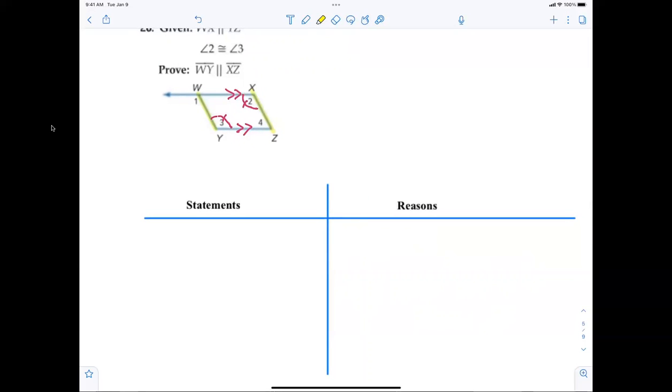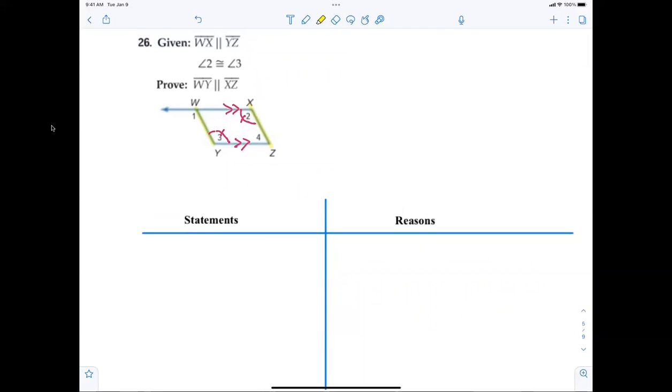Step 1 is what? Step 1 is given. Step 2. Wait a minute now. Slow down. Shh, don't tell her. Thank you. Angle 1 and angle 3 are congruent because alternate interior angles. There you go. That's step 2. Step 3. Yes.